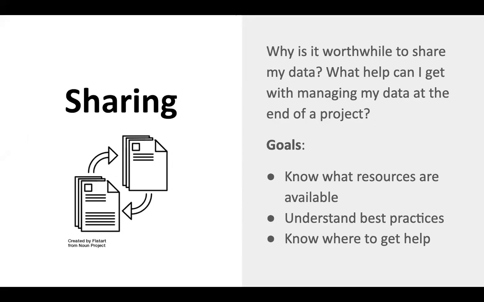So a key aspect, again, of data management involves not only making your articles available, but also that data and code and any materials you may have used to conduct that research. And when talking about sharing, we want to facilitate discovery and accessibility of that data.